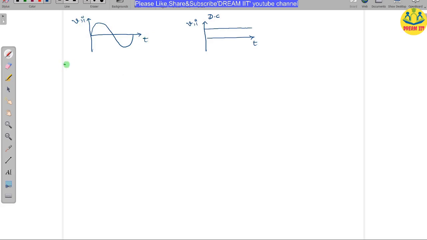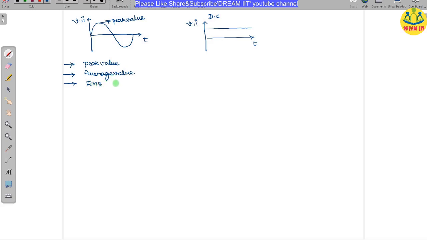There are three ways to represent this magnitude. One is the peak value, or maximum value, which we have seen for any sinusoidal signal. Another is the average value of a sinusoidal signal, and another is the RMS value, or root mean square value, or effective value.